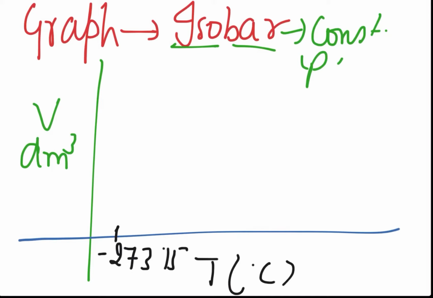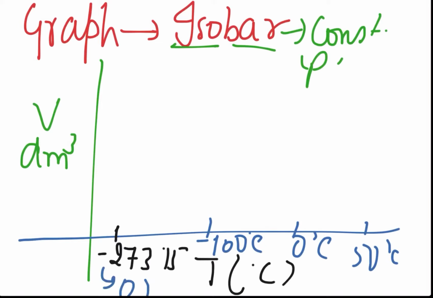If I draw this in the Kelvin scale, this will be 0 Kelvin. Okay. Then I will move on to maybe minus 100 Celsius, 0 degrees Celsius, 50 degrees Celsius, and so on. But including this minus 273.15 degrees Celsius, which is nothing but 0 Kelvin. So if you plot this graph in the Kelvin scale, you will get 0 Kelvin, which is most important.